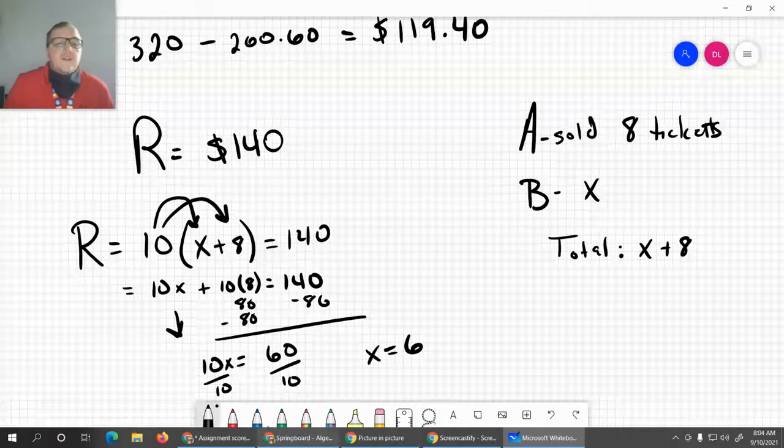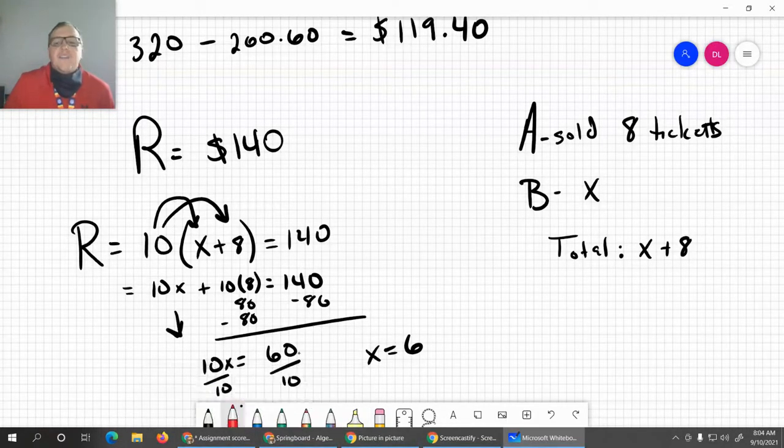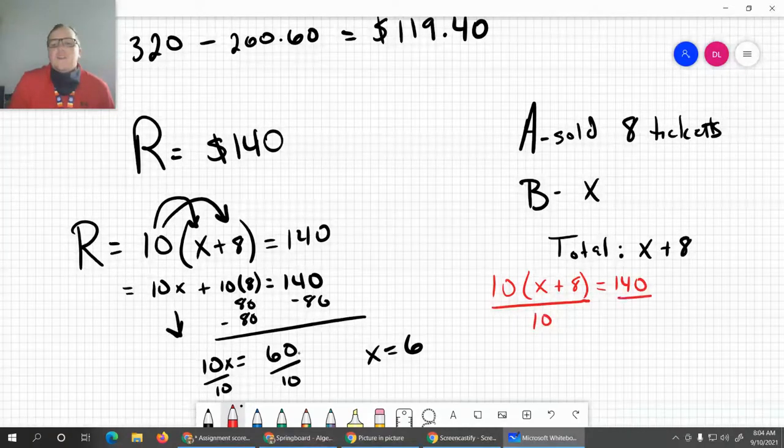The cool thing about math is that if I write this problem again, and here's some other ways you may be thinking, I actually can divide both sides by 10. 10 divided by 10 is 1, leaving me with just x plus 8, and that equals 14, because the zeros will reduce, leaving just 14 over 1, which is just 14.